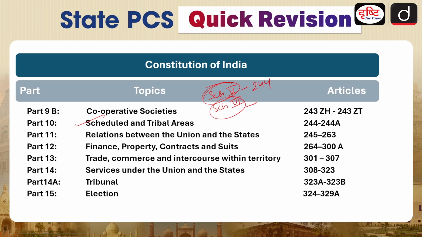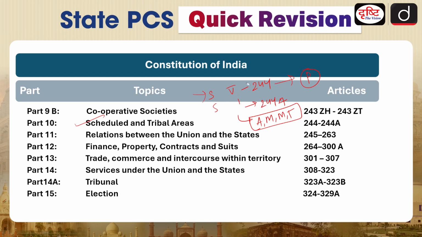Administration under Schedule 6 is given in 244A. For Schedule 6 there are 4 states, that is Assam, Meghalaya, Mizoram and Tripura. Other than that, Schedule 5 states are there, various states and some areas are there in Schedule 5. These areas are basically defined by the president. I hope it is clear.